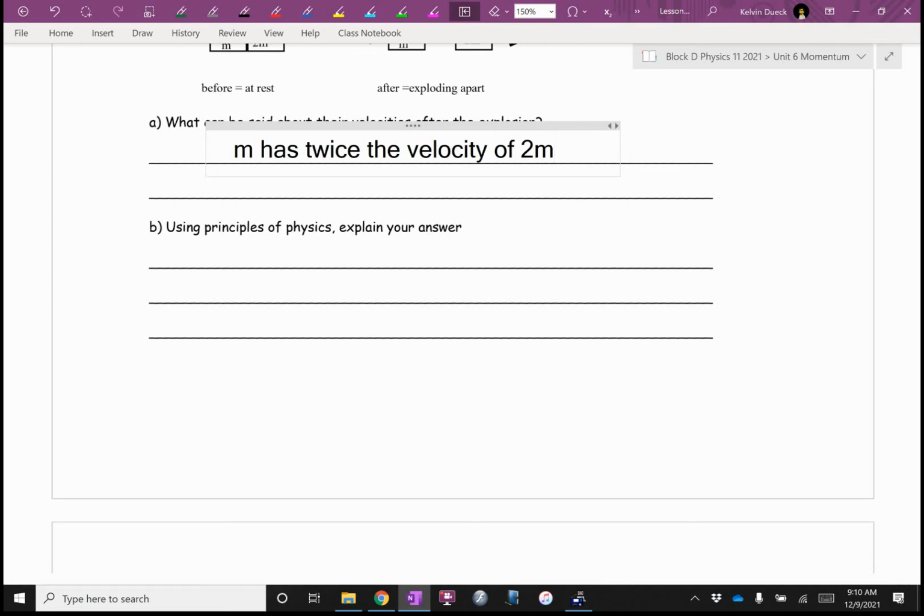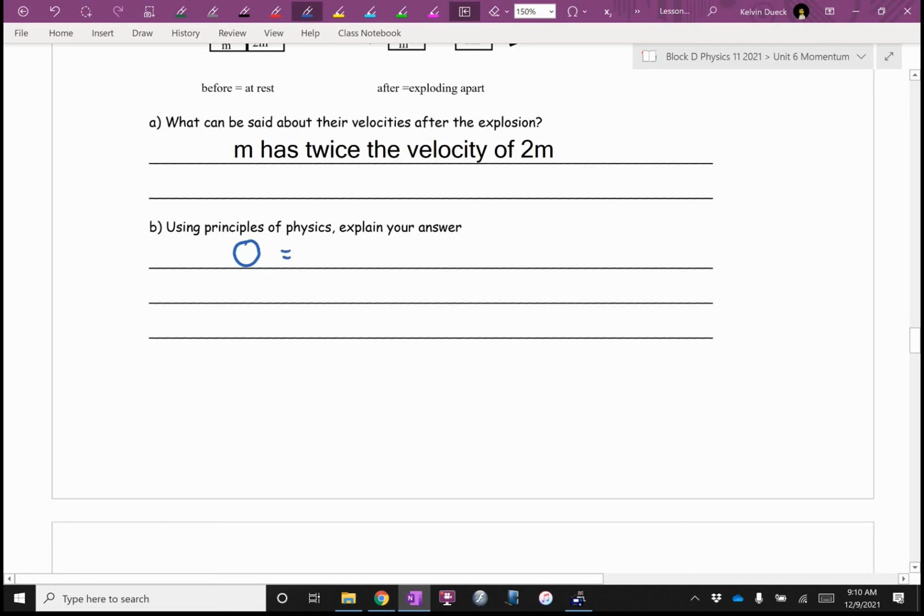Let's see if we can do a proof. Before the explosion, what's the momentum of everything? So let's write down 0. They explode. Boom. If you're wondering, when we're talking about conservation of momentum, the equal sign represents the collision or the explosion.